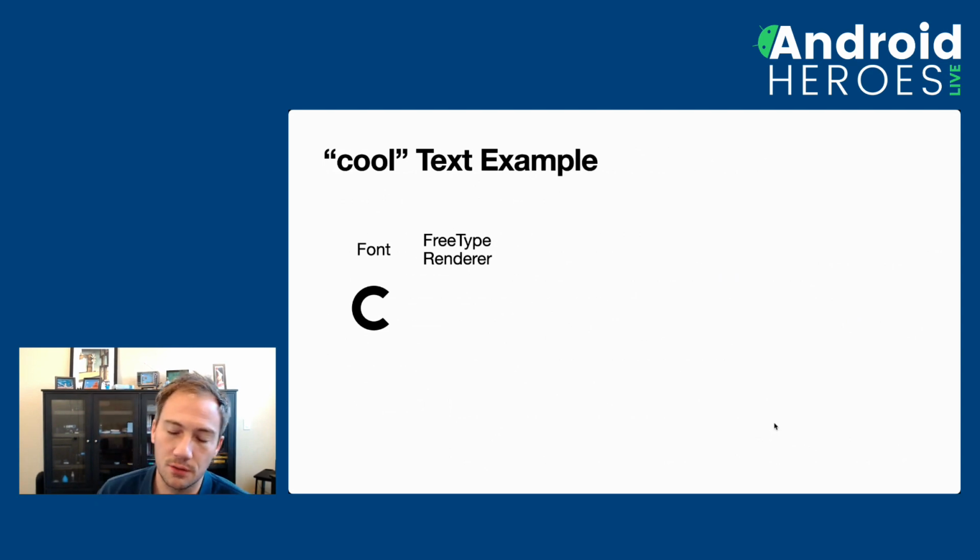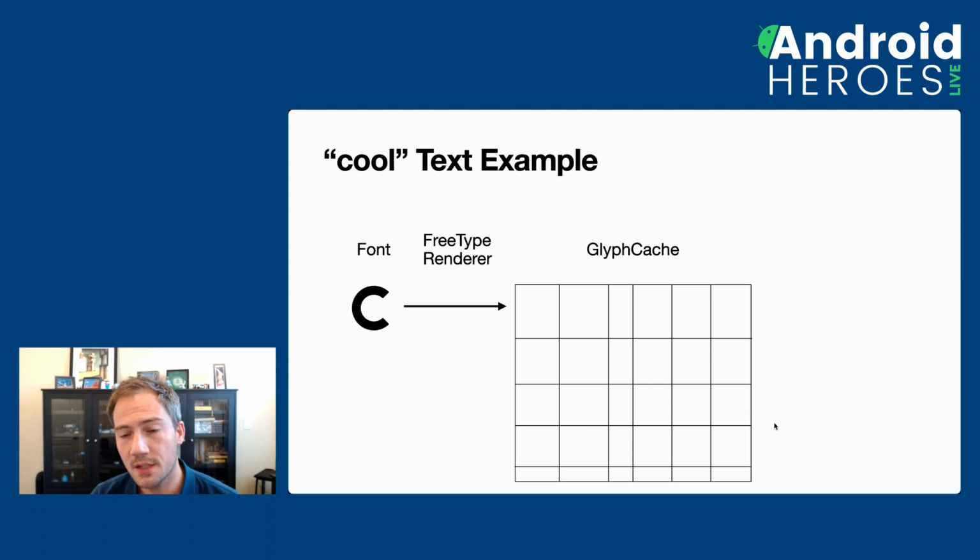FreeType is a very well-known open source library that takes the vector information from the fonts and gives you either that information directly or gives you a bitmap representation for a given font size and font weight and so on. So we're going to ask FreeType for a bitmap, and we're going to put it in our glyph cache. You can think of the glyph cache as a giant bitmap, and we're going to have sub-regions of that bitmap where we know we have specific letters.